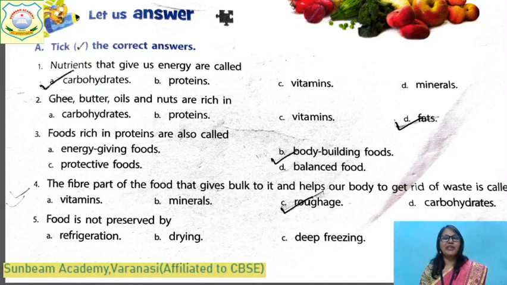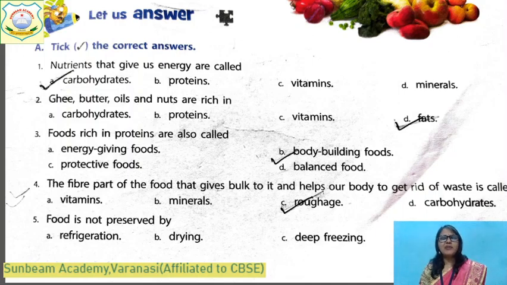Food rich in protein is also known as bodybuilding food. Children need what type of food? Bodybuilding food. The fiber part of the food that gives bulk to it and helps our body to get rid of waste is called roughage. The part of the food that cannot be digested is also called roughage.